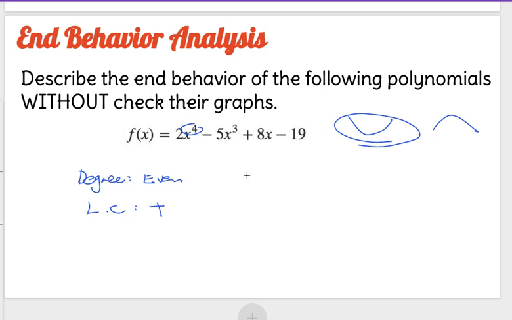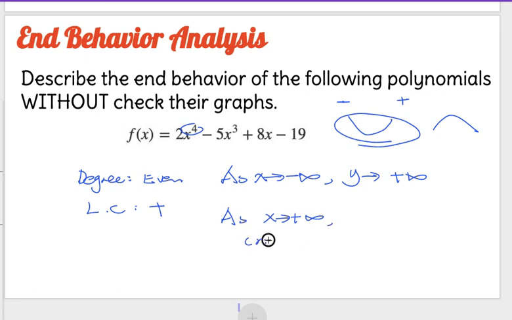Again, we are going to describe the left side, which is negative, and also the positive side, which is on the right side, with 2 parts. As x approaches negative infinity, this is the left side, then y is going up, so y approaches positive infinity. As x approaches positive infinity, which is the right side for this one, let me write down the right, so it's easy for you to figure out, and this is the left.